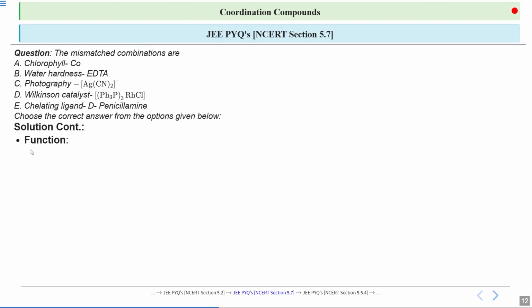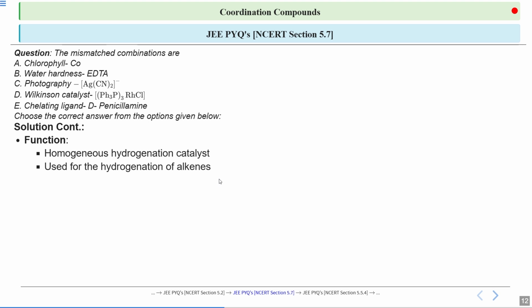Lastly, let's see its function. Basically, Wilkinson catalyst is a homogeneous hydrogenation catalyst. That means we use it for the hydrogenation of alkenes. Alkenes are unsaturated hydrocarbons having a double bond between 2 carbons.